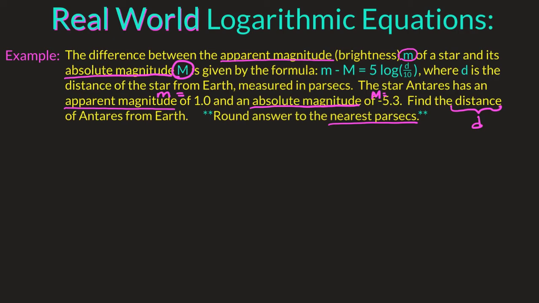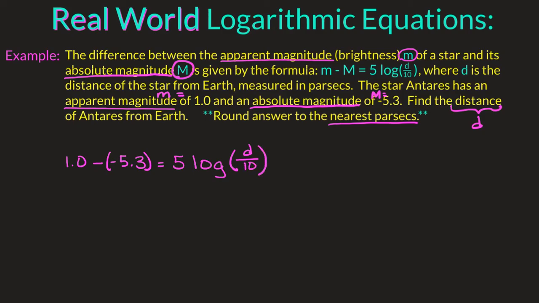So let's plug in our information that we're given and solve for the unknown. So our lowercase m we said was 1.0 minus our uppercase M, or our capital M, which is negative 5.3 equals 5 times the log of d, which is distance, we don't know what that is, divided by 10.